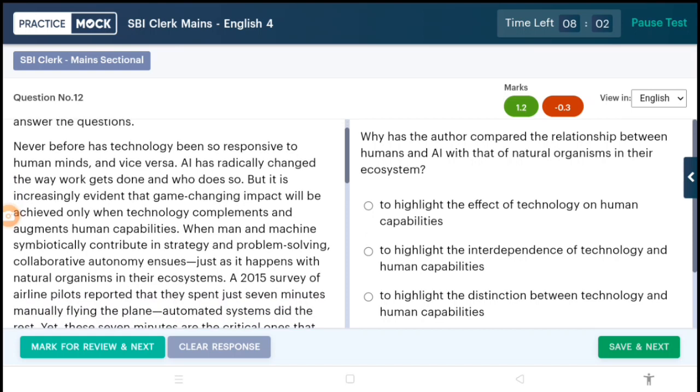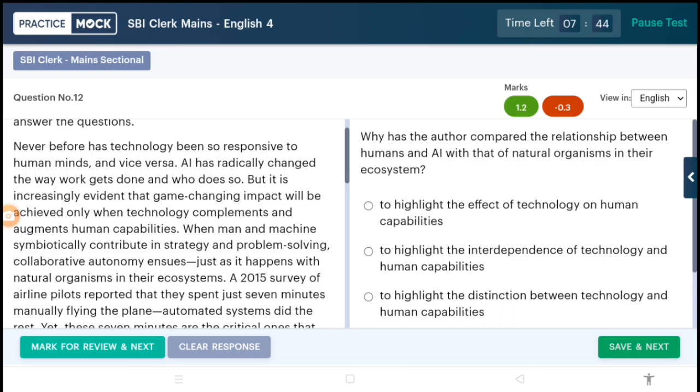Never before has technology been so responsive to human minds and vice versa. AI has radically changed the way work gets done and who does it.